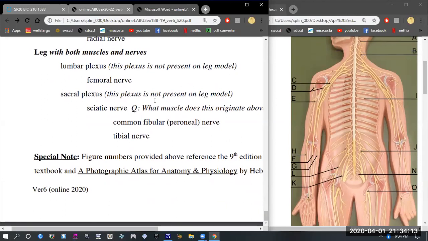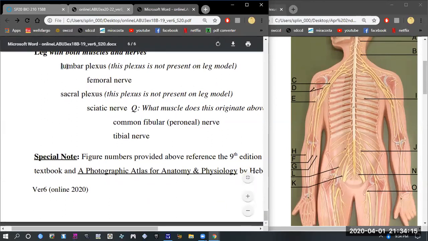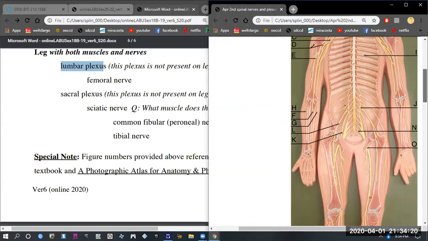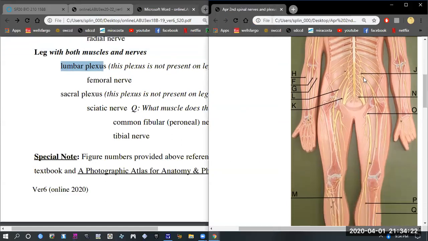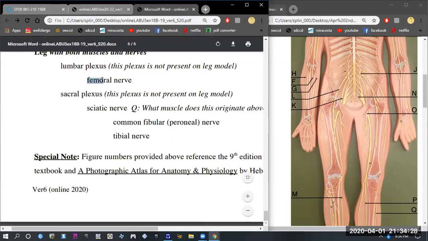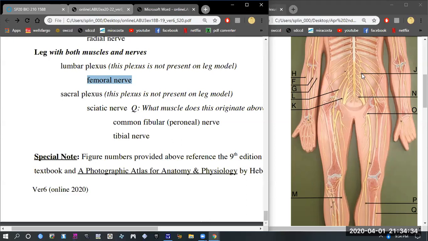And then just continuing to the legs. So we're starting first with the lumbar plexus. So we can see that right in here. What is this letter J? And now spanning from the lumbar plexus, the one nerve we're concerned with, again, just following our list, following from that lumbar plexus, and you can see how the nerve comes right past the head of the femur.